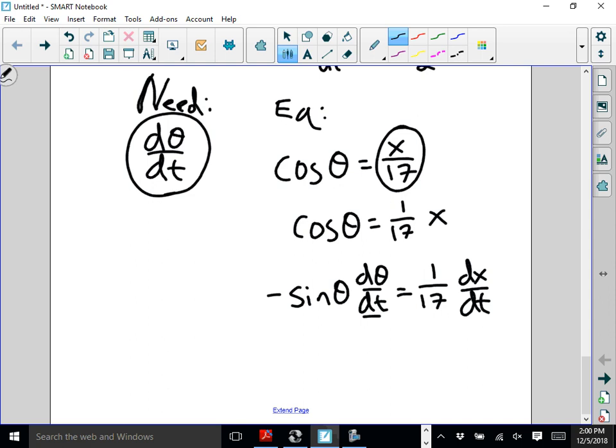Now, I'm going to easily be able to plug in for dx dt. 1/17 is a constant. That doesn't give me a problem. This should be unknown because that's what we're solving for. But now I need to figure out what negative sine theta is. And now, the nice thing is, after I do the derivative, I can use numbers. Whereas in my equation, I had to have this as a variable x, while this was allowed to be a constant 17. But now we can actually plug in for the values of all these things.